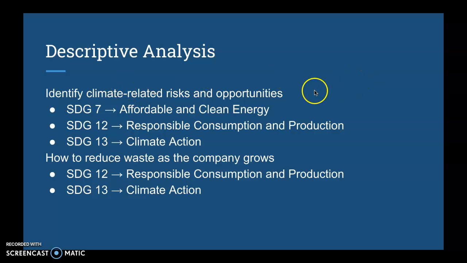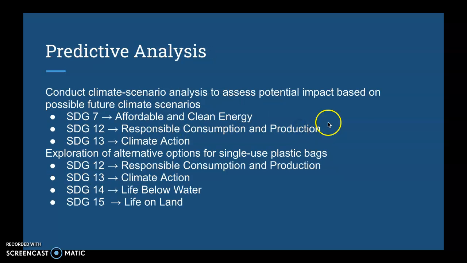For identify climate-related risks and opportunities, we found SDG 7, affordable and clean energy, SDG 12, responsible consumption and production, and SDG 13, climate action. For how to reduce waste as the company grows, we found SDG 12, again, responsible consumption and production, and SDG 13, climate action.